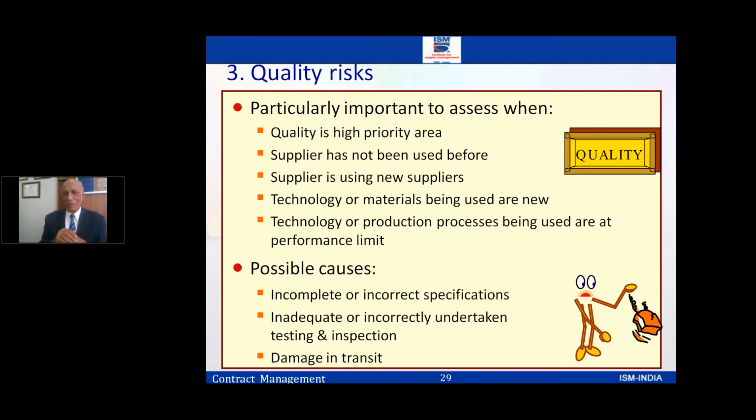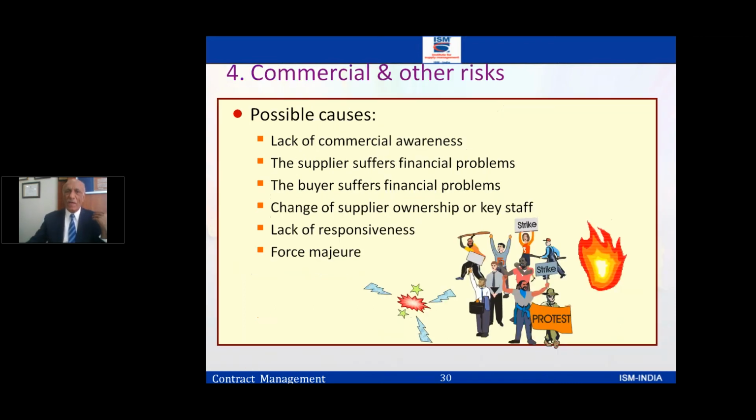Next comes the quality risk. Quality is again a high priority area. The supplier has not been used before, the supplier is using new suppliers, but the cause for this could be damages happening in transit, incomplete specs. So you will find this wording coming in all the risks, incomplete, incorrect specs. Then the next one is the commercial and other risk.